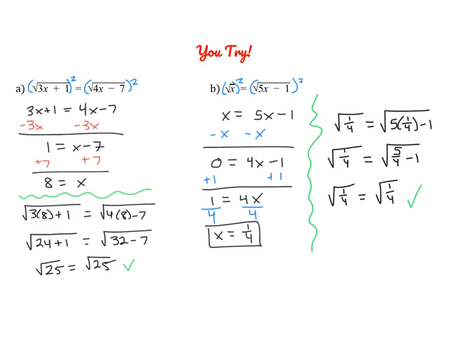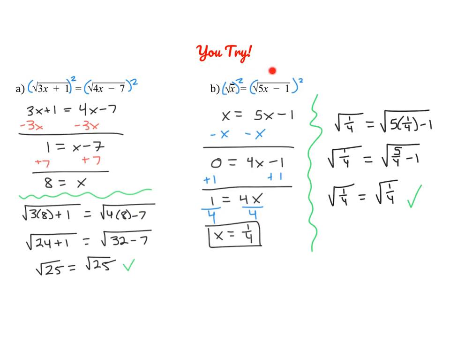Okay, go ahead and check your work here. Notice here I squared both sides, and then I picked the smaller variable, which was 3x, and I moved it to the other side using subtraction. Add 7, and you get x equals 8. You can see when I substitute 8 into my original equation, we get a true statement, so I know the answer is true.